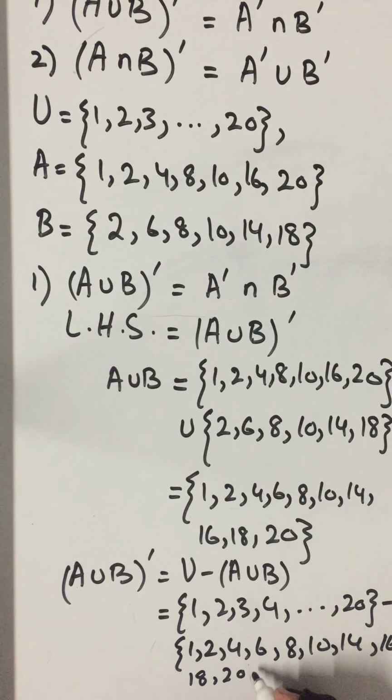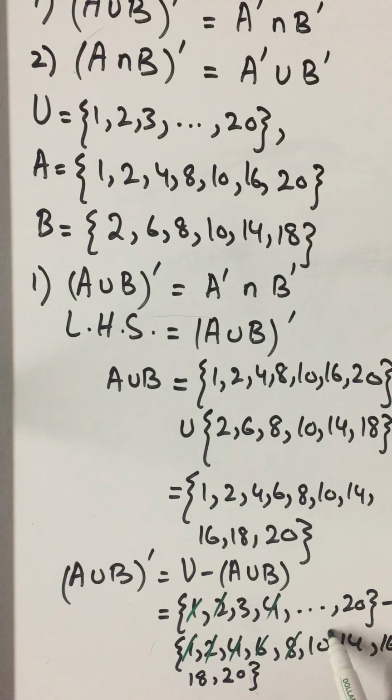Okay, now find the same elements. I will cut them: 1 and 1, 2 and 2, 4 and 4, then 6 and 6, right? 8, 10 and 14 and 16, 18, 20. I didn't write the whole elements here, that's why it may confuse you.